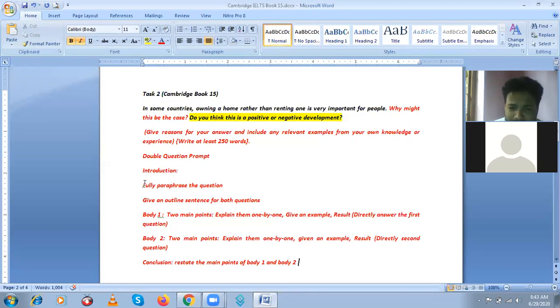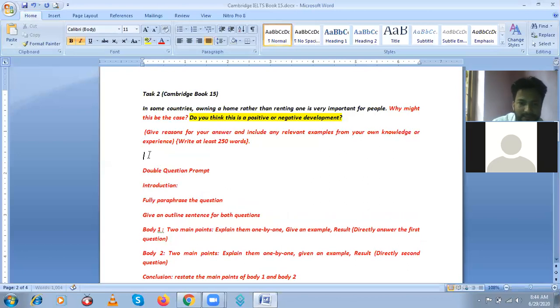So here, why might this be the case? Why do people like to own their house? One reason can be a sense of ownership or freedom.